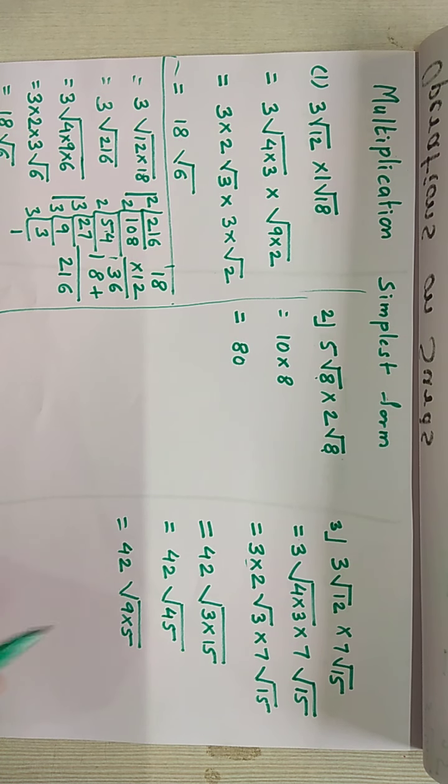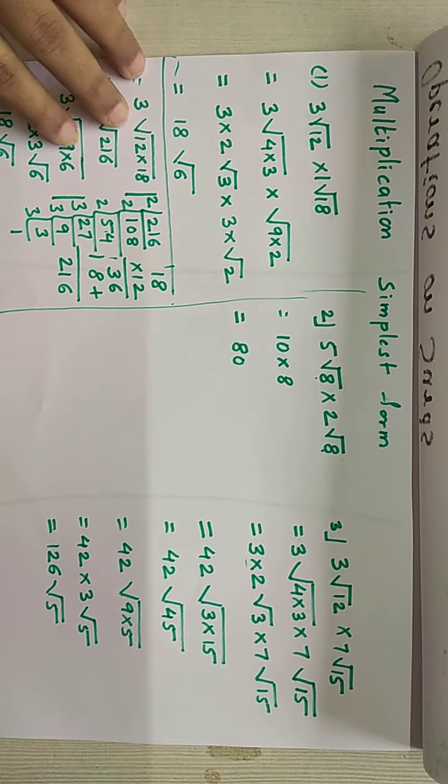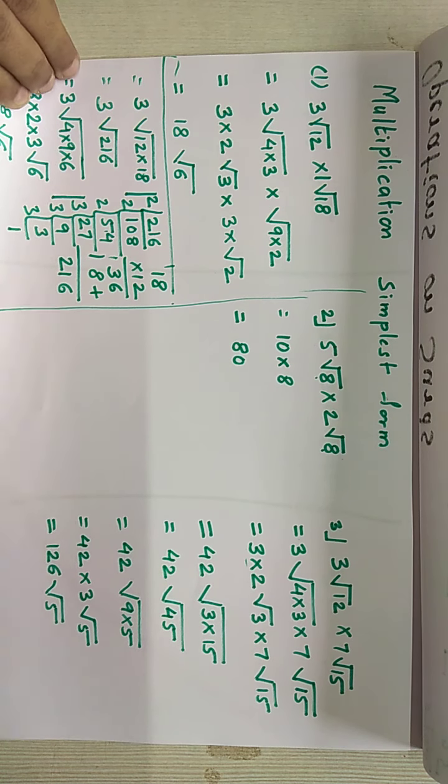Okay, 45 can be written as 9 5s are. This will become 42. 9 square root is 3 and inside the root 5 remains. So this will become 126 root 5. So the final answer is 126 root 5.